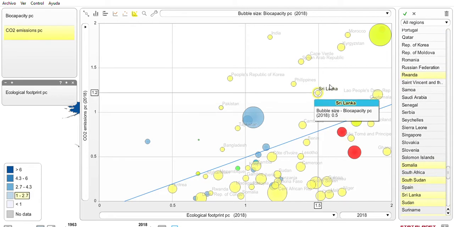There you are, Sri Lanka, the country which has low carbon emissions, low carbon footprint, low biocapacity, very good health, and economically replicable, constantly from 1960 till 2020.